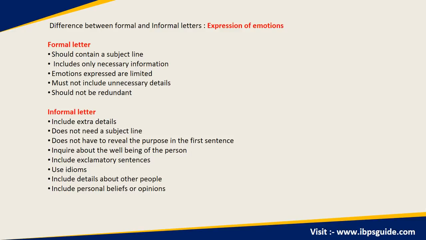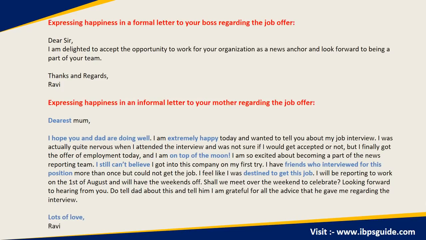You're writing to someone that you know very well. So you can say whatever you want, and you can say it however you want. Okay, so let's move on now. So earlier we talked about how expressing emotion is the main difference between an informal letter and a formal letter, right?